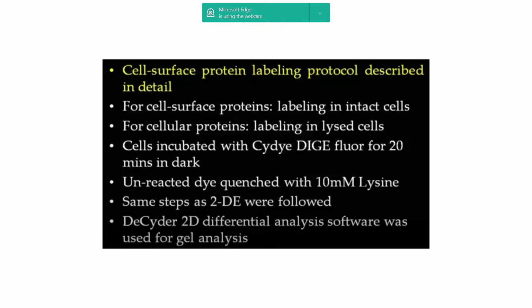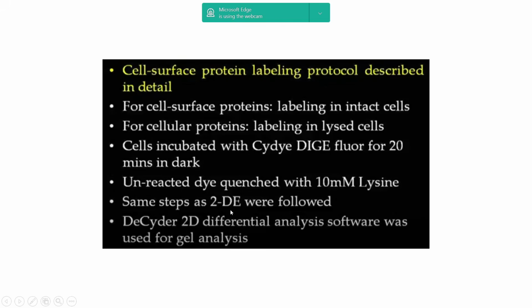This specific DIGE technique can also be used for cell surface protein labeling. It can be used for labeling intact cells as well as live cells, depending upon your experiment. So this technique can be utilized for both. Basically, those cells are incubated with CyDyes, which we already studied in terms of the protocol. Then for the unreacted dye, you add lysine so that whatever is unreacted gets reacted with it.